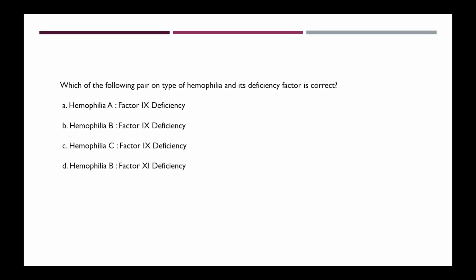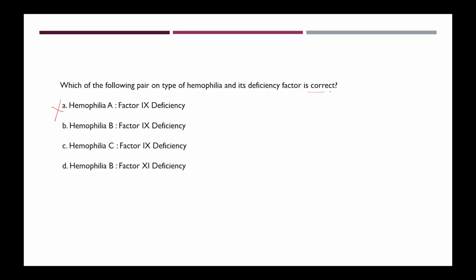Which of the following pairs of type of hemophilia and its deficient factor is correct? Option A: hemophilia A, factor 9 deficiency. Correct or not? Yeah, this one is wrong.